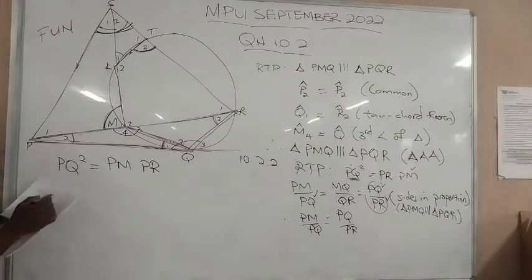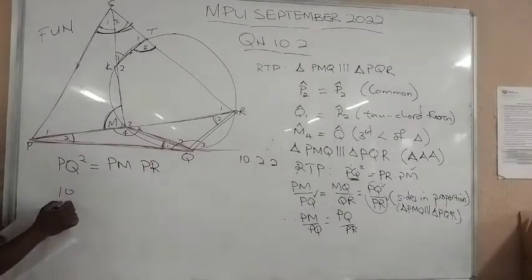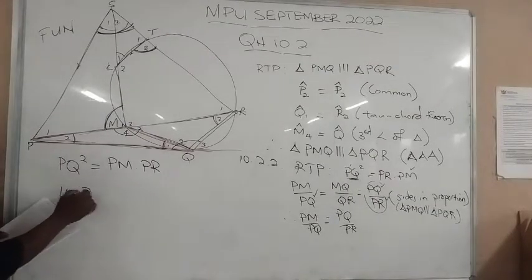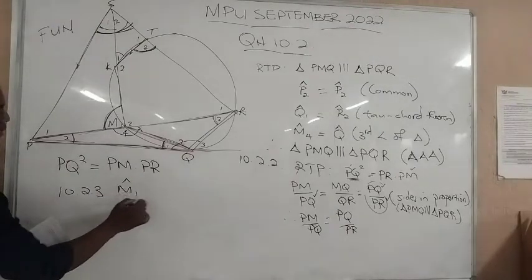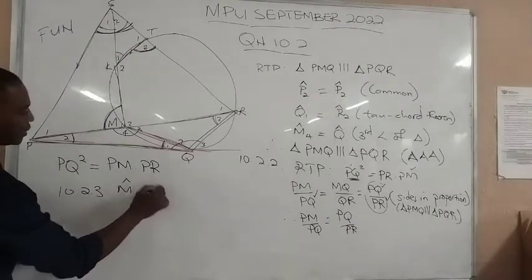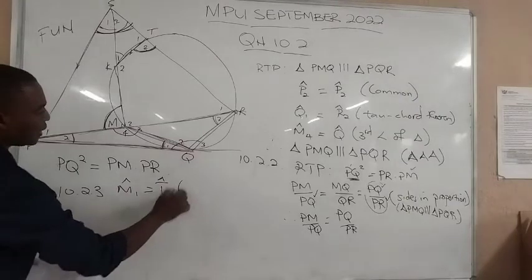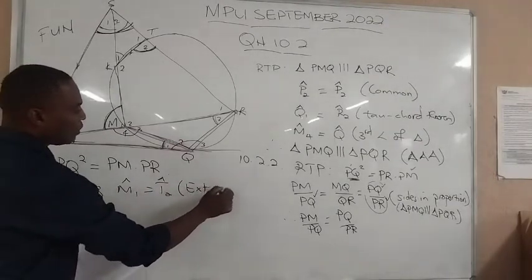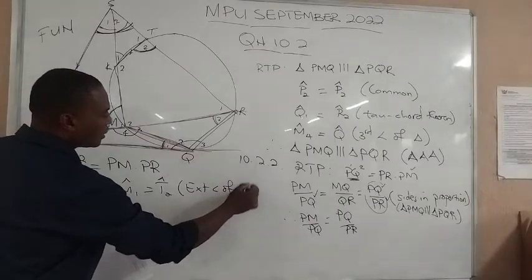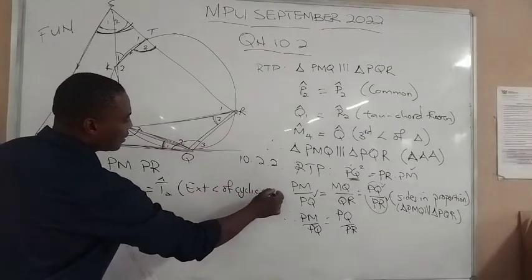So we can start there because we have already established the relationship between these 2 angles. Alright, so we are saying on 10.2.3, angle M1 is equal to angle T2, and the reason is exterior angle of cyclic quadrilateral.